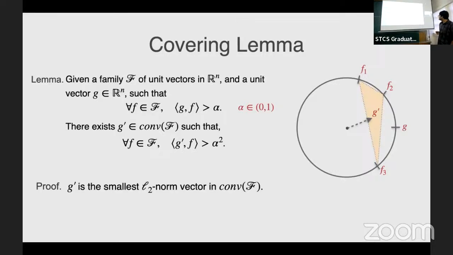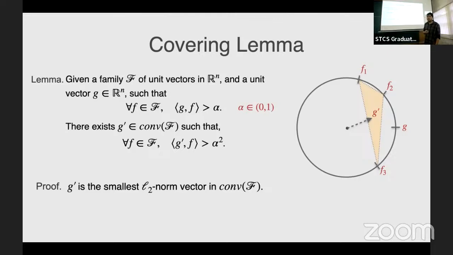Okay, and then what do you do? That G prime should already have this property. Why is that? If it doesn't, then let's say there is some F that violates this property. You can take a convex combination of that G prime and this violating F and optimize for the right convex combination, and you can show that it was not the minimal one to begin with.